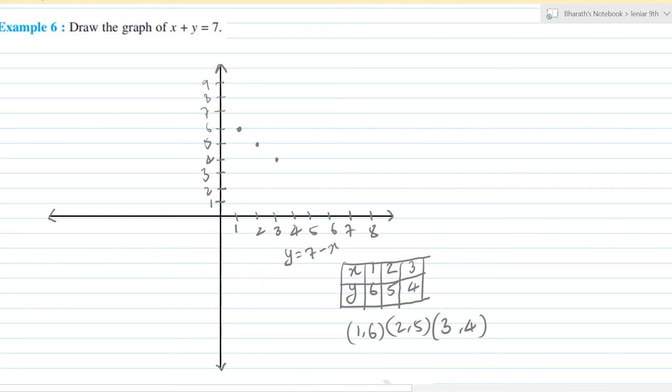Always remember to write x-axis and y-axis, and this is our x dash and this is our y dash. I am not writing the minus signs here, you have to write them on your own. Now we got these 3 points, correct?